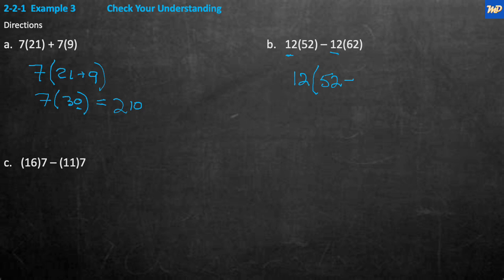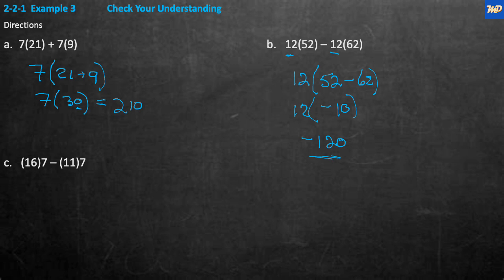We took the 12 out, and we got a 52 minus 62. So 12 times 52 minus 62 is negative 10. Twelve times negative 10. 12 times 10 is 120. And it's negative 120. Okay?